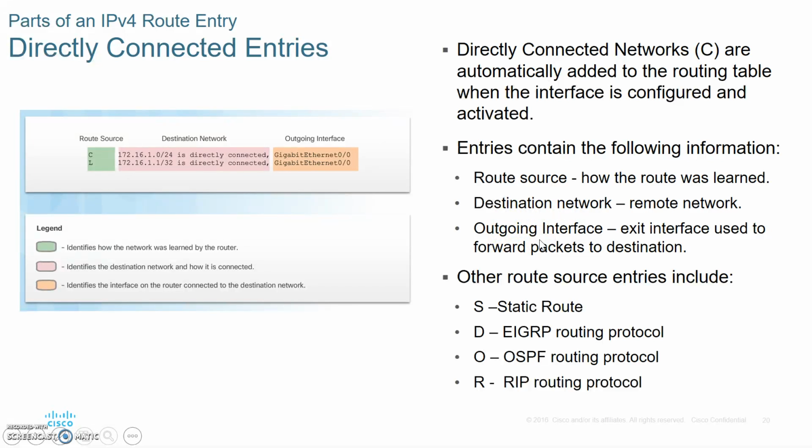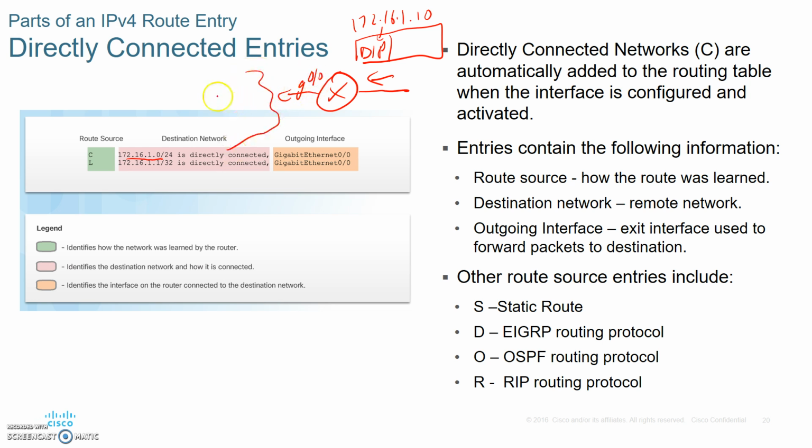What this means is that if this router receives a packet and the destination IP address of the packet is in this network, for example 172.16.1.10, and this IP address happens to be in this network, then the router will forward it out through the G0/0 interface, which is connected to the 172.16.1.0/24 network.